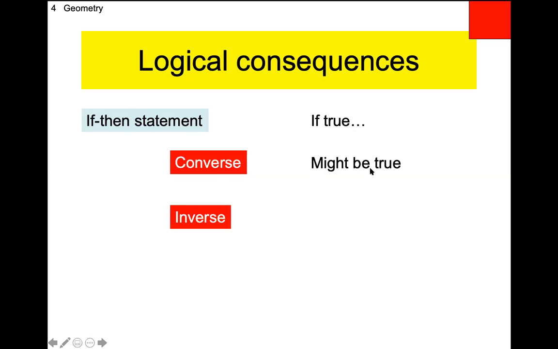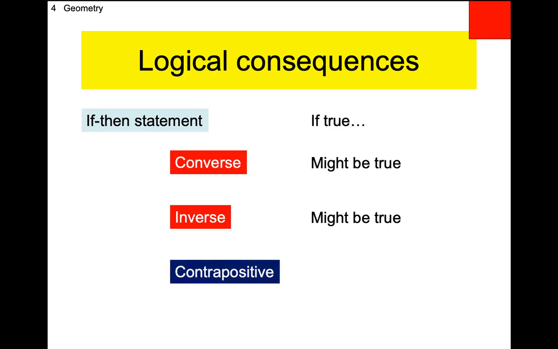It turns out that the inverse statement, if it is not raining, then the sidewalks are not wet, well, the sidewalks could be wet if it's not raining. So they also could be dry. So the inverse statement might be true, it might not be true. But an interesting thing happens with the contrapositive. If the sidewalks are not wet, then it is not raining.